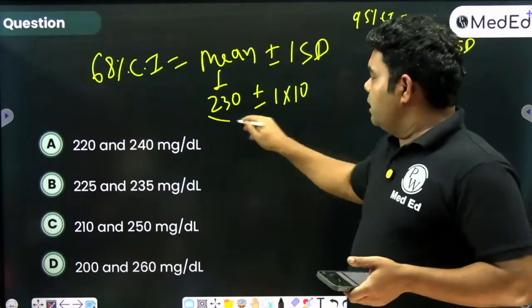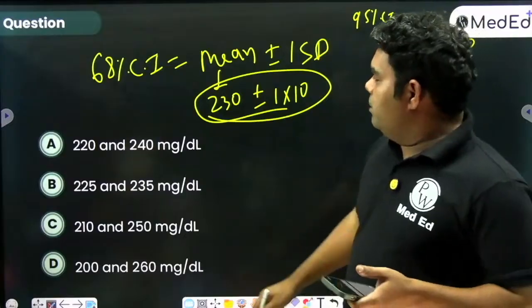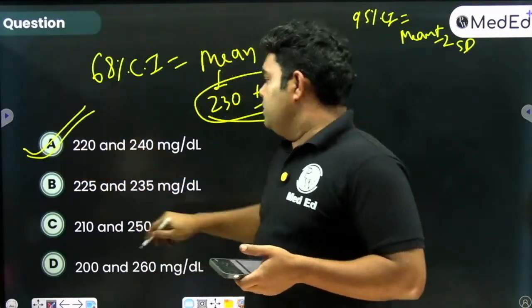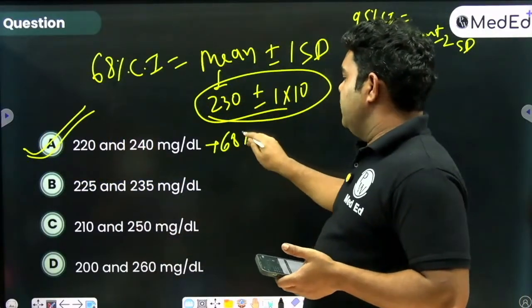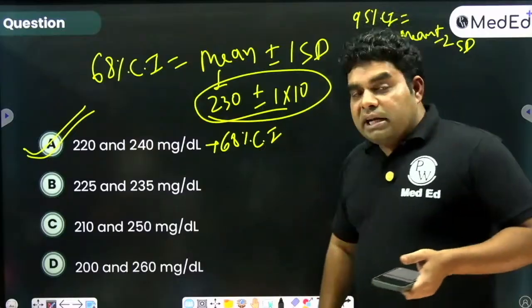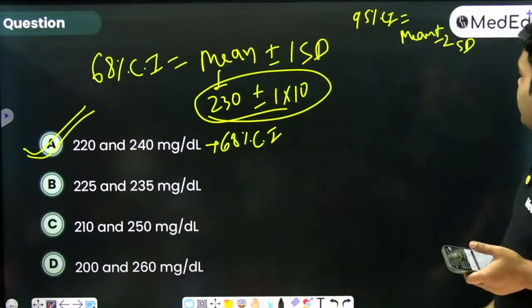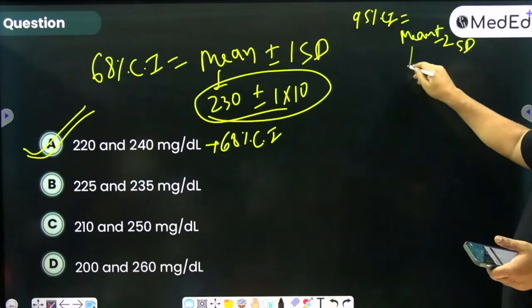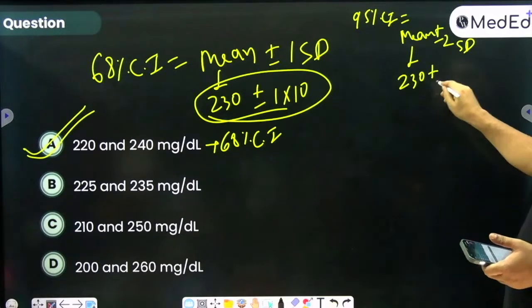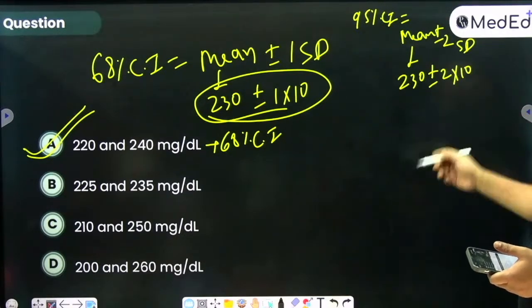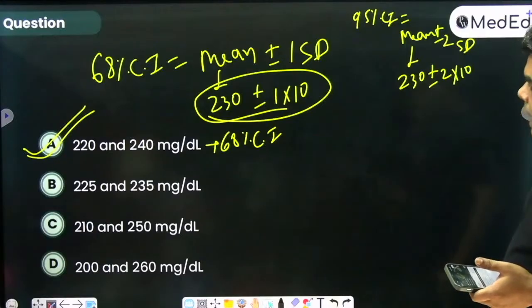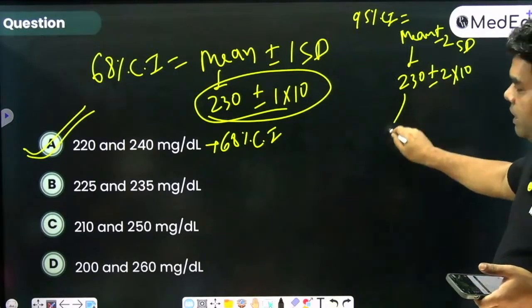So if you do 230 plus minus 10, it will be 220 to 240, which is the 68% confidence interval. But in the same question, if they ask the 95% confidence interval, 95 is mean plus minus 2 standard deviations, that means 230 plus minus 2 into 10, 20, that means it will be 210 to 250.